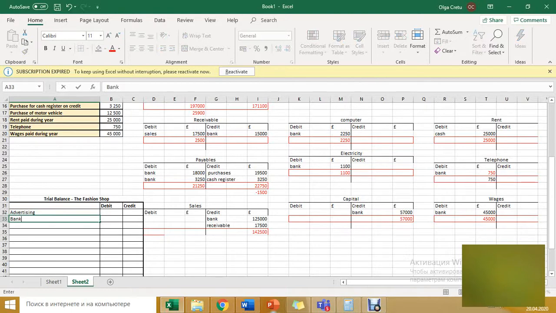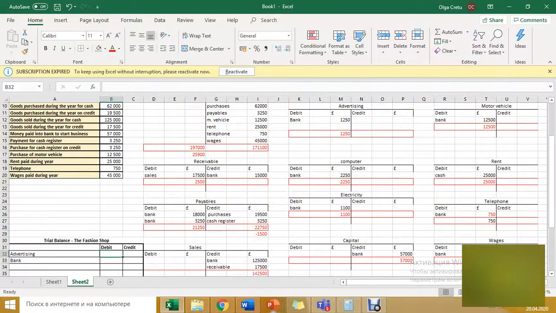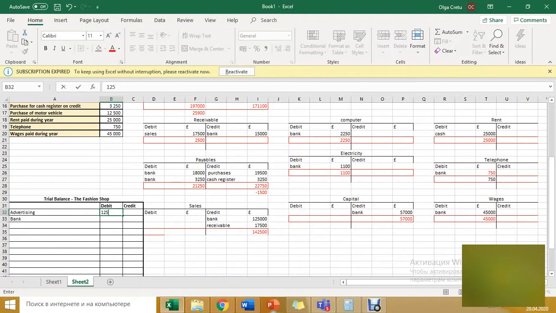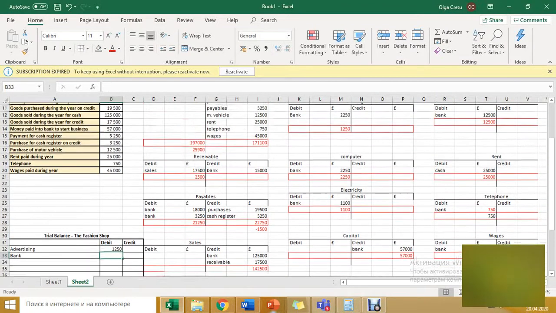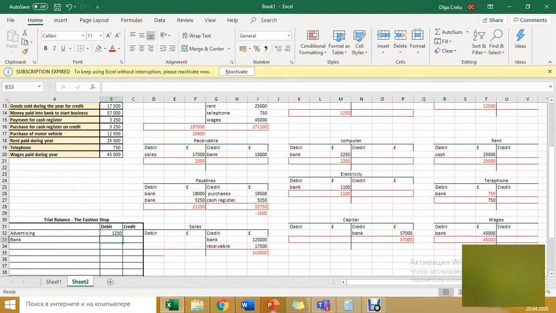So we have advertising, debit, 1,250. Then we have the bank account, the balance is 25,900.